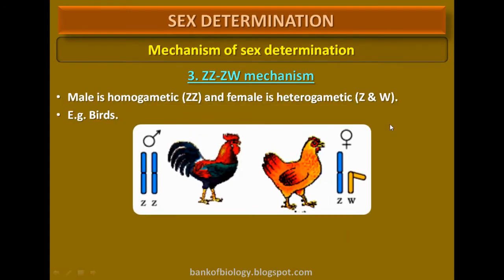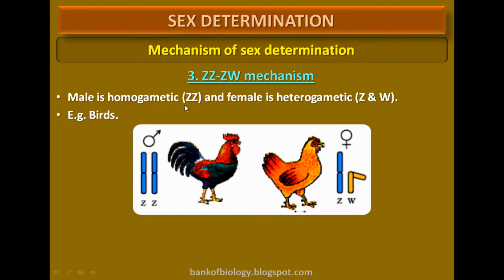Another sex determination mechanism is the ZZ and ZW mechanism. Here the male is homogametic. This is very important: if a question is asked to give examples of male heterogametic and male homogametic sex determination, you can give the example of ZW mechanism as male homogametic, whereas XX and XO mechanisms are male heterogametic.